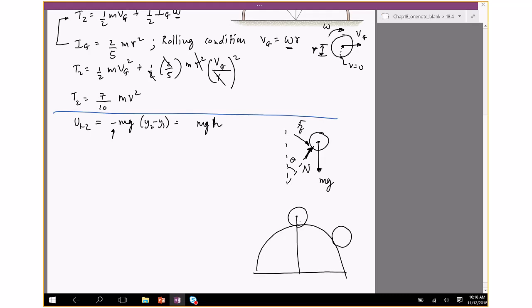First, let's find the height of the center of mass when it is at the apex, which is going to be the radius of the bigger circle plus the radius of the sphere.